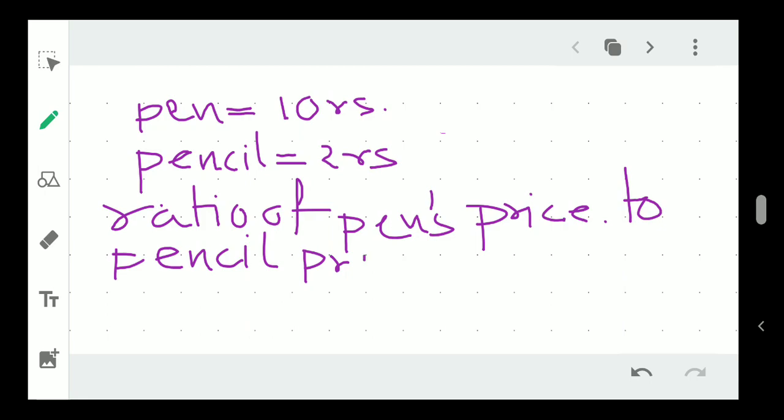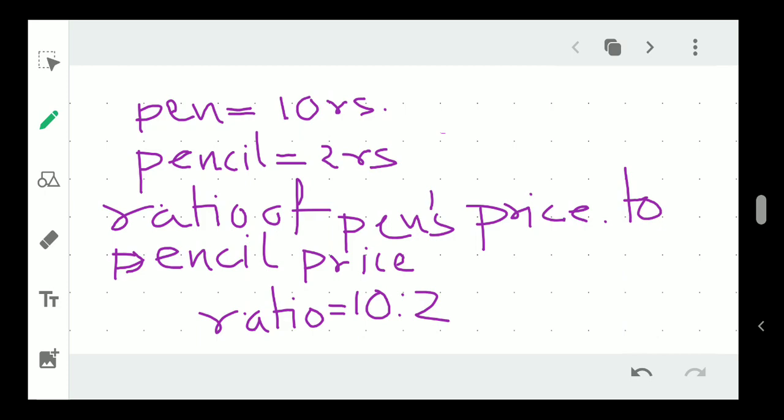So see one thing, I am comparing the pen's price with respect to the pencil's price. Whatever comes after the symbol is written later on. So the ratio here is 10, that is the pen's price, which is before the symbol, and the pencil's price, that is 2 rupees.